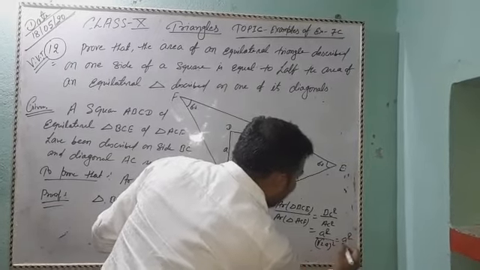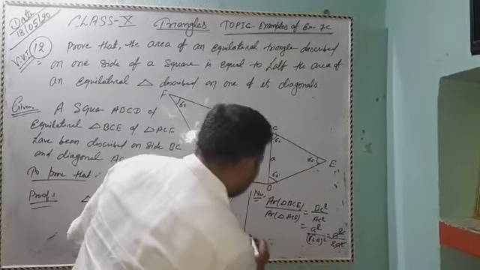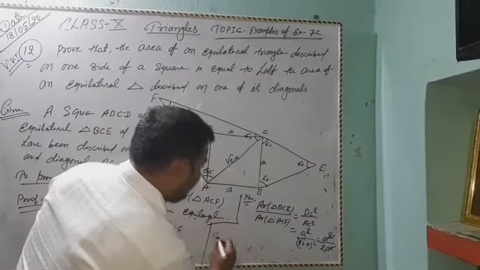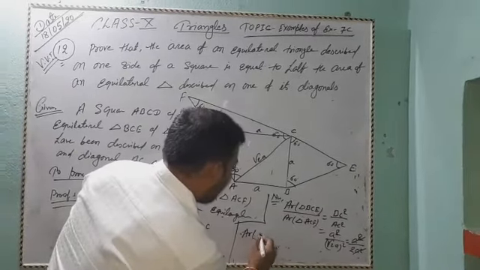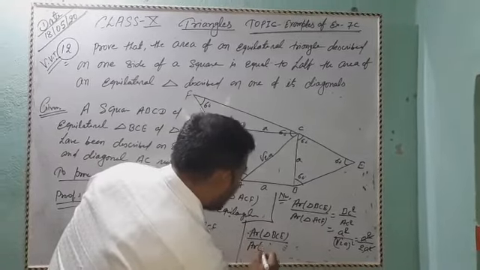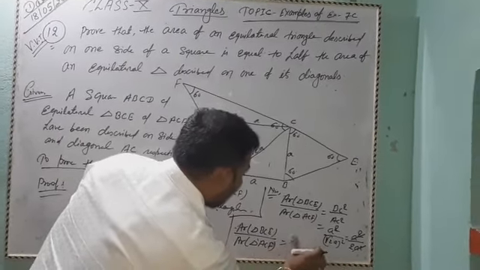So a square by 2a square. a square is cancelled. So the area of triangle BCE divided by the area of triangle ACF equals 1 by 2.